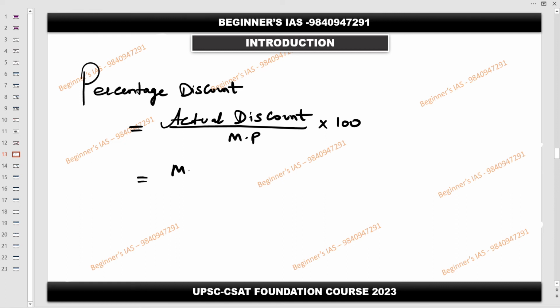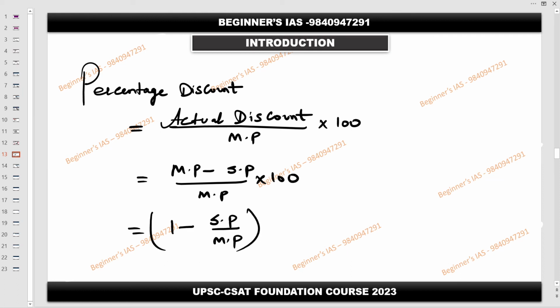So actual discount is nothing but MP minus SP by MP into 100. Then divide this, therefore it will become 1 minus SP by MP. Okay, simple. This is one method, simple.